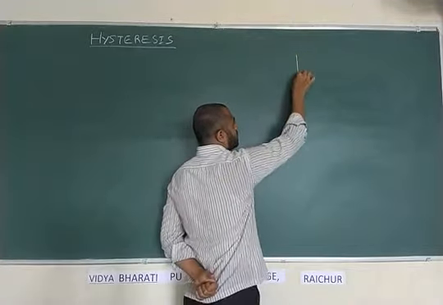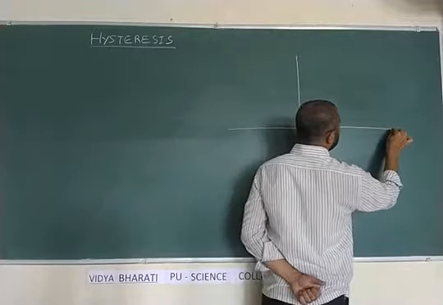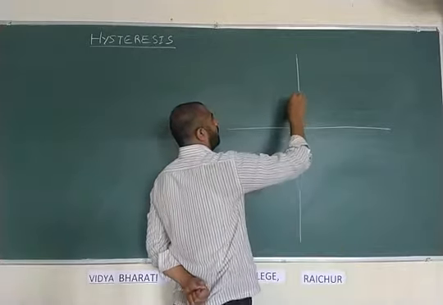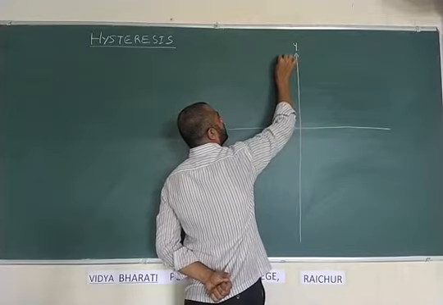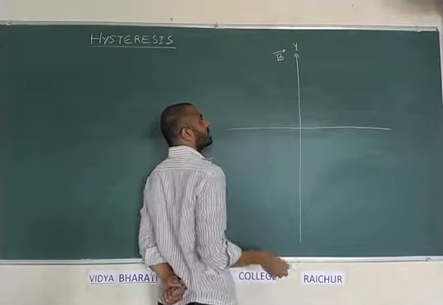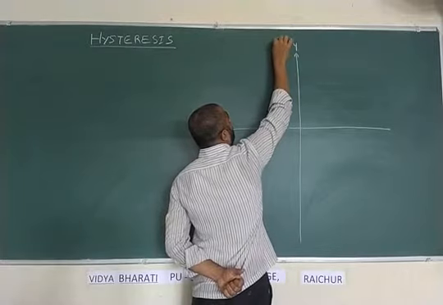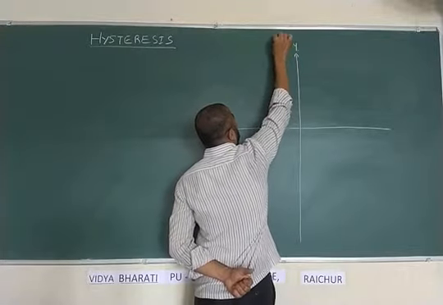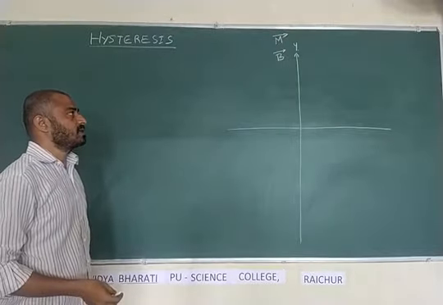Here in this coordinate system, along the y-axis, if B vector is taken, B vector means magnetic induction, or even we can take intensity of magnetization, M vector, along the y-axis.